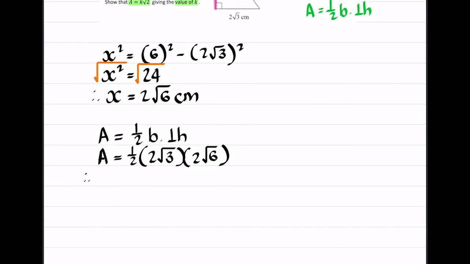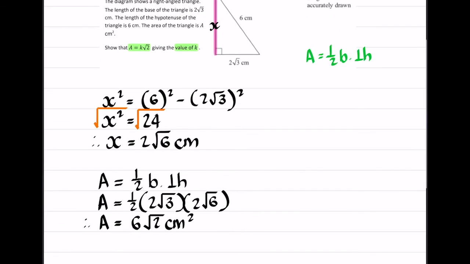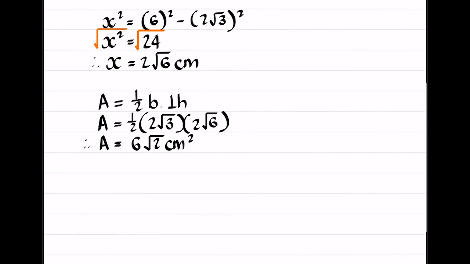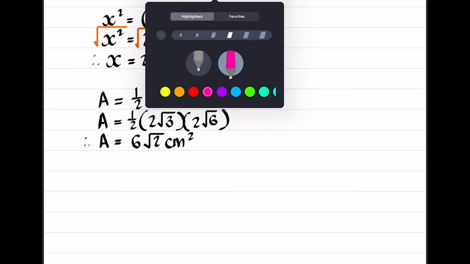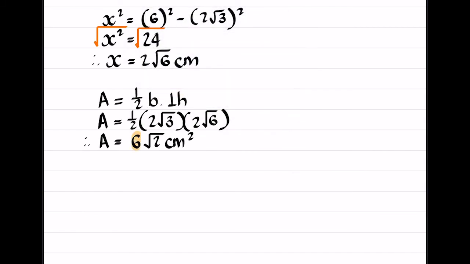So therefore, the area is equal to a half times 2 root 3 times 2 root 6 gives me 6 root 2 centimeters squared. Now the question said that the area is k root 2, give the value of k. So our area is k root 2, so this is k root 2, so therefore k's value is 6.